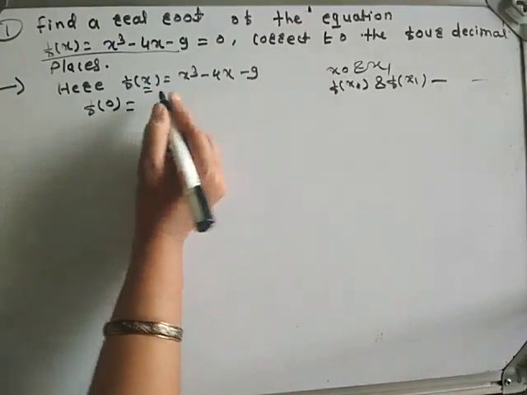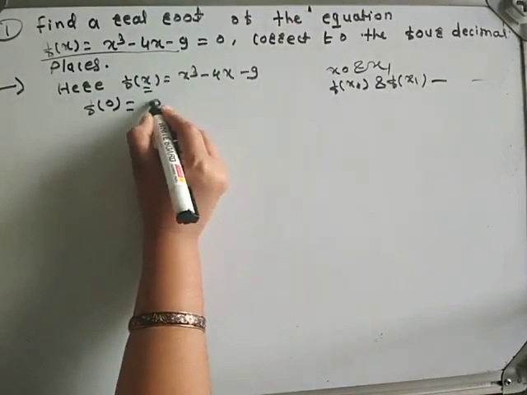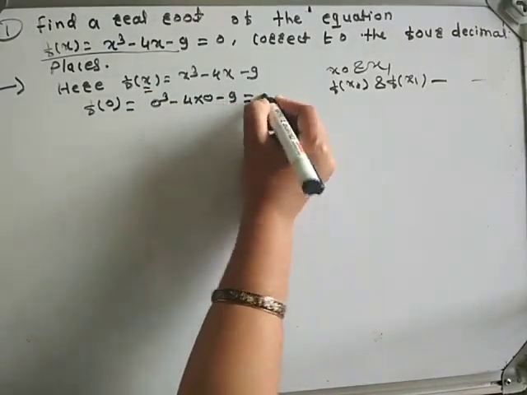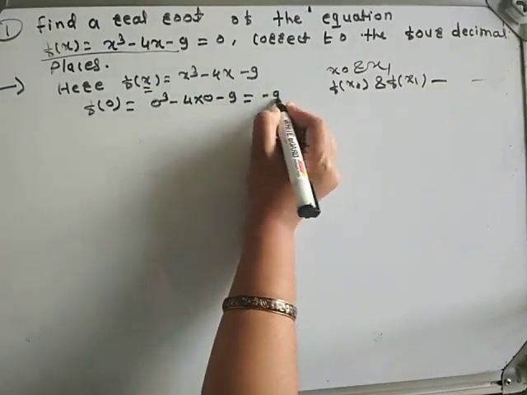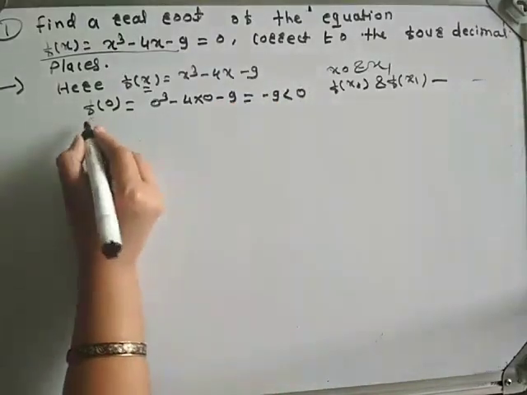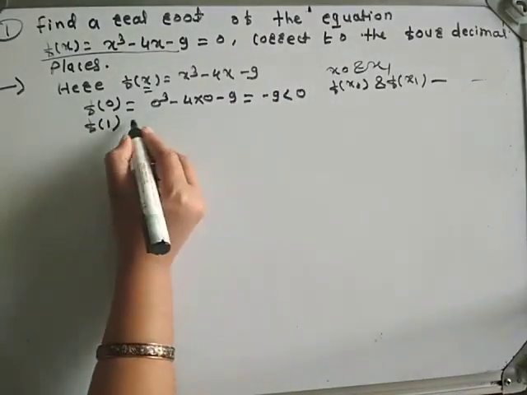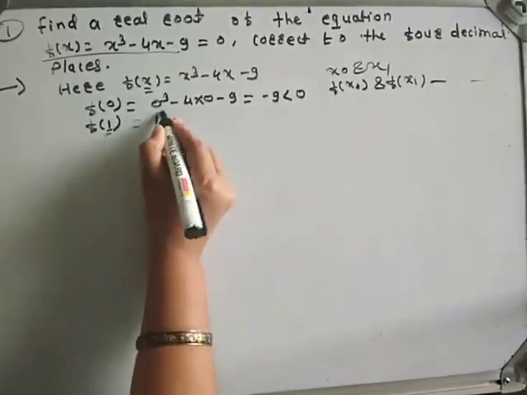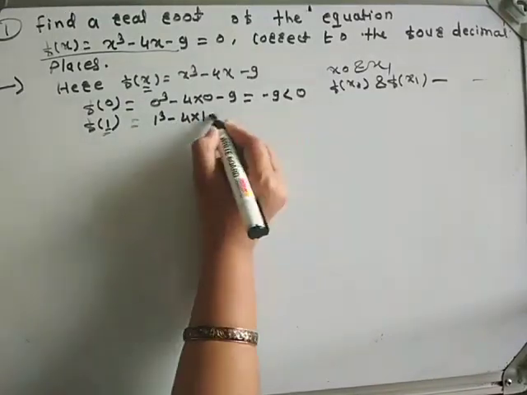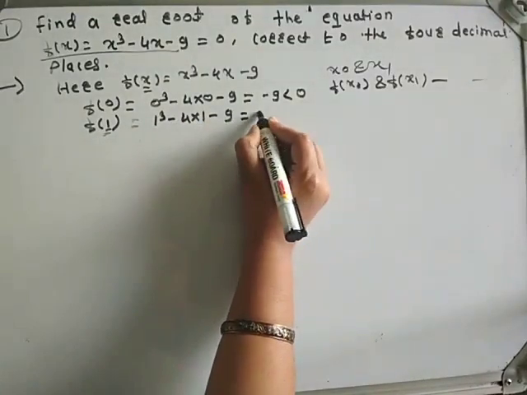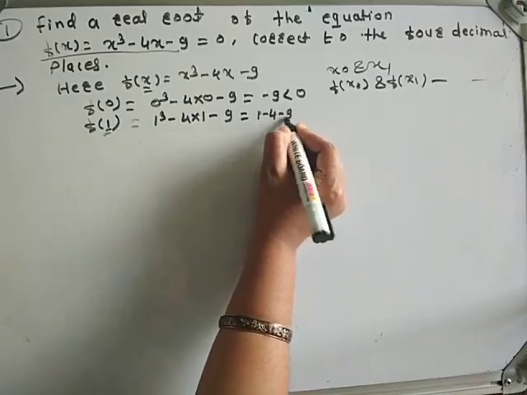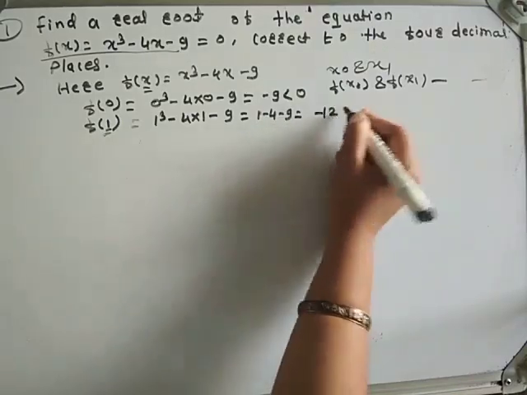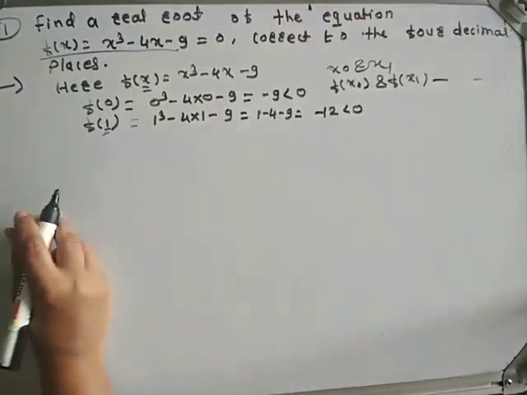F of 0 equals 0 cube minus 4 into 0 minus 9, which equals minus 9, less than 0. Next we put x equals 1. 1 cube minus 4 into 1 minus 9 equals 1 minus 4 minus 9, which equals minus 12, strictly less than 0.